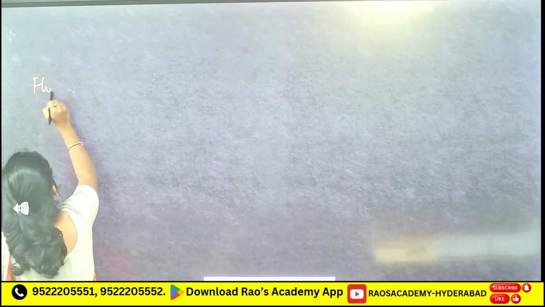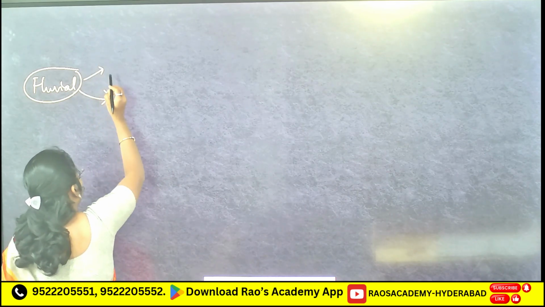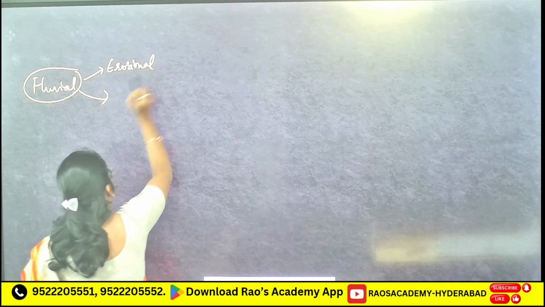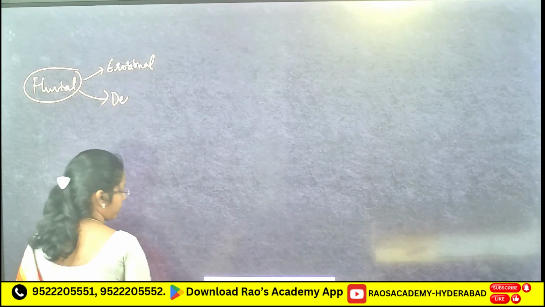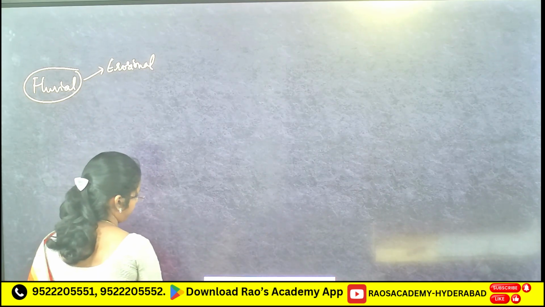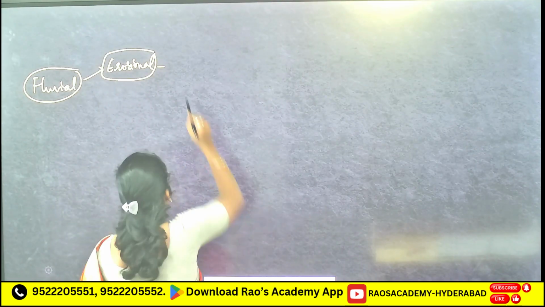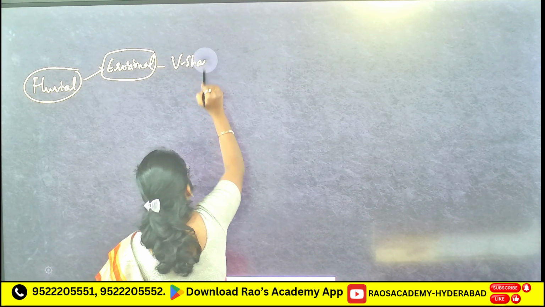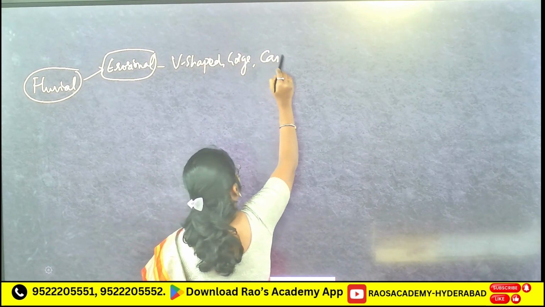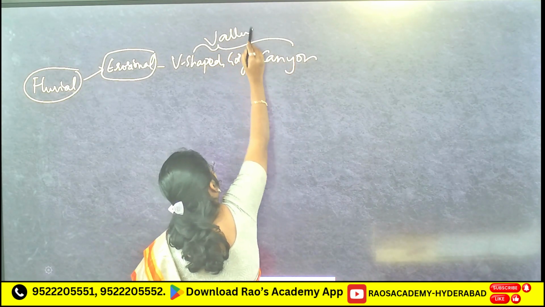So, before going into glaciers, first we will do a fast revision. First, erosional landforms. What are erosional landforms? We have seen V-shaped valleys, gorge, canyon; all of these come under valleys.